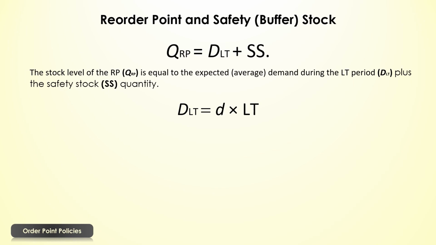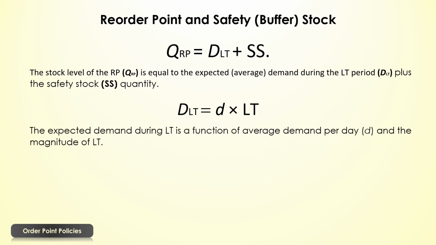The demand during the lead time period, or the DLT, is equal to D times LT. The expected demand during LT is a function of average demand per day and the magnitude of lead time.